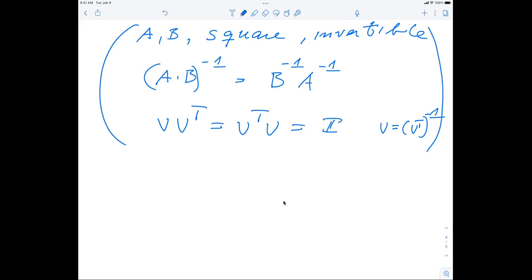Okay, so if we now rewrite this, let me just look back at my cheat sheet here, so I do things correctly.